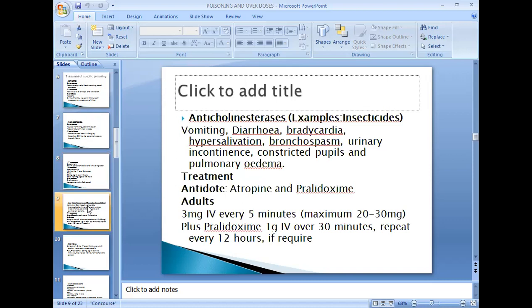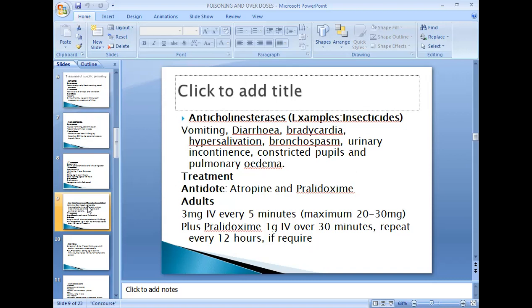In case of anticholinesterase toxicity, which can be from insecticides, the symptoms are vomiting, diarrhea, bradycardia, hypersalivation, bronchospasm, urinary incontinence, constricted pupils, and pulmonary edema.